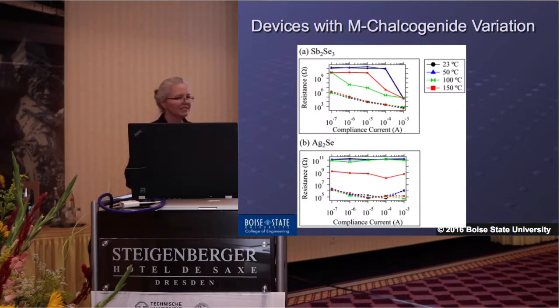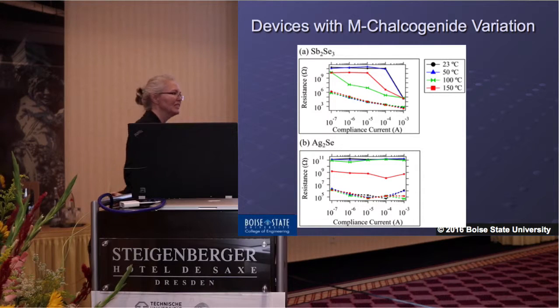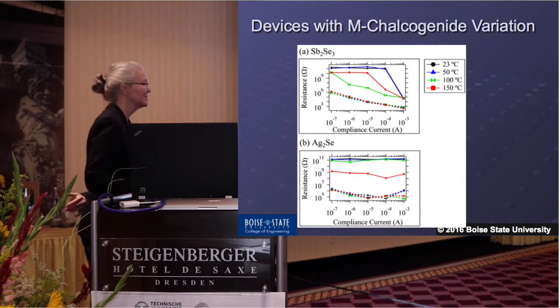And silver selenide's a really interesting material in and of itself with all the different phase transitions it has. So who knows, after you deposit it, what you have left on your device. But as you heat it, it starts to lower its resistance until eventually it breaks. It doesn't really work. So anything with silver selenide I try to avoid, and that includes a photodoped cell because silver selenide is kind of a killer.